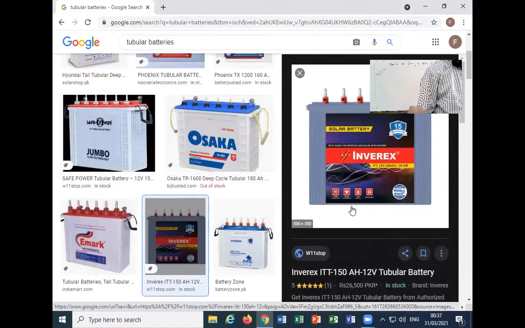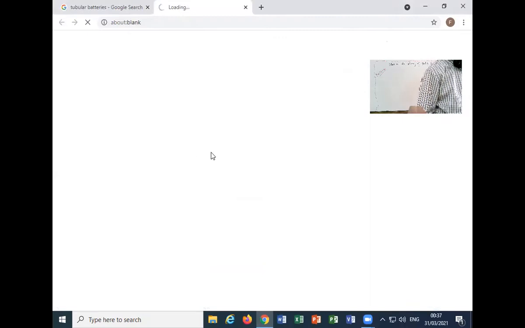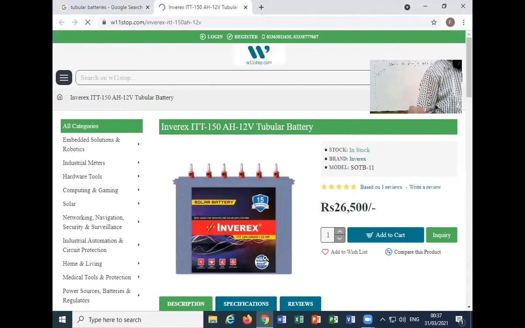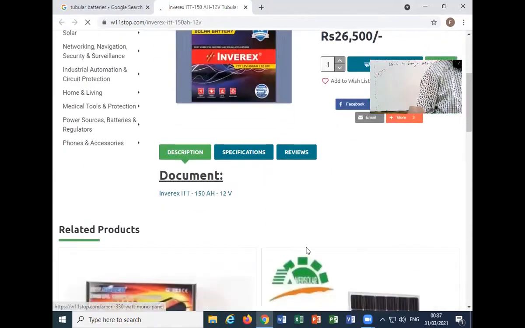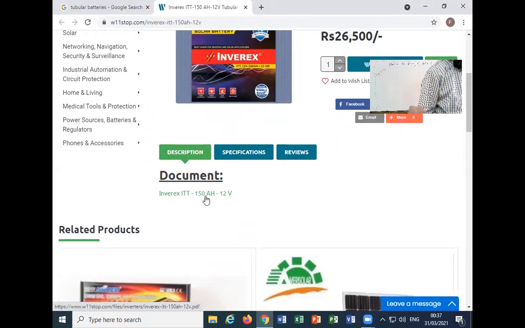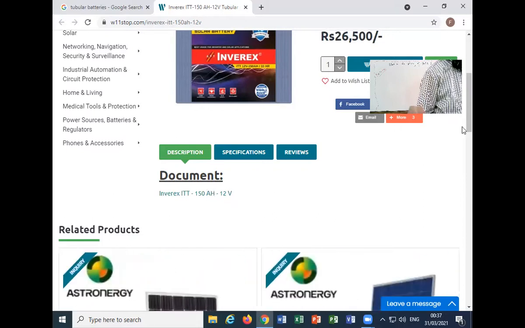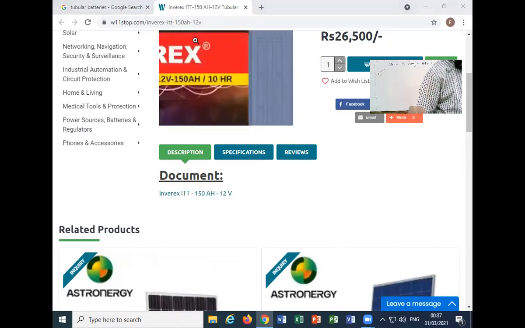These batteries are used especially for solar power systems. Normally on these batteries, you have some ratings. Like here it is mentioned that this is a 150 ampere-hour 12-volt battery. What is meant by the ampere-hour rating? Let us understand this in detail.